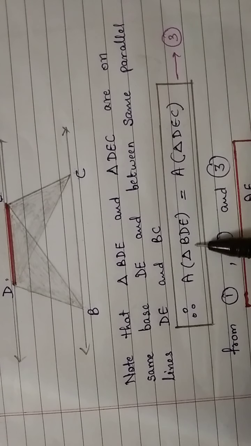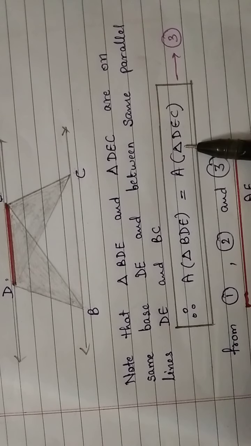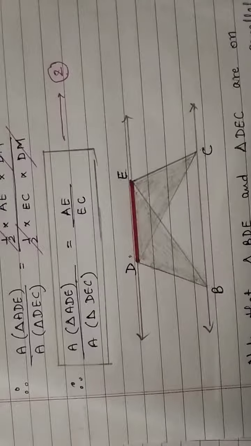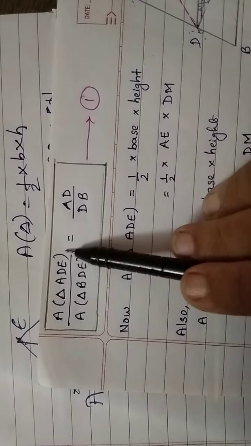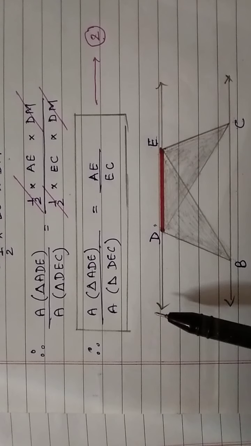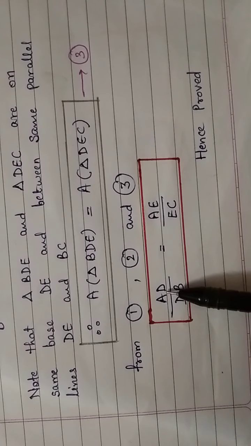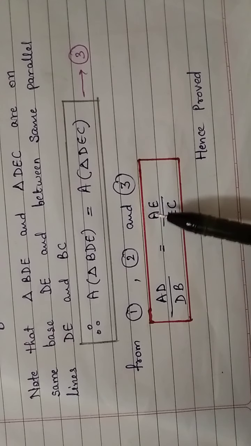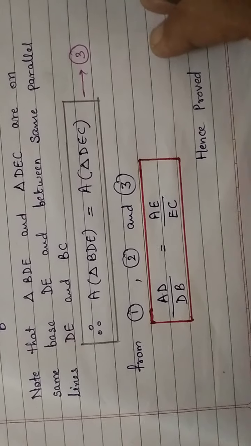But I proved that BDE and DEC are the same. So the denominators in 1 and 2 are equal, and therefore the left sides of 1 and 2 are equal, so the right sides of 1 and 2 are also equal, and therefore AD upon DB is equal to AE upon EC. This was your basic proportionality theorem.